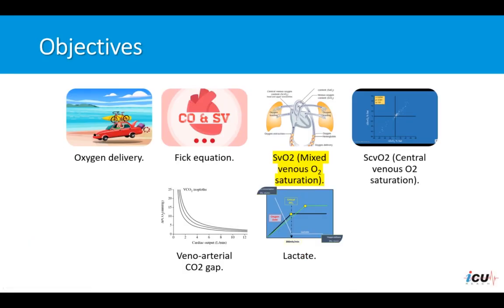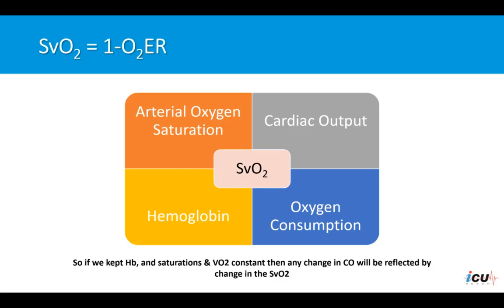And since we have the ability to measure the mixed venous O2 saturation, and we know the determinants of this mixed venous saturation, which are mainly the arterial oxygen saturation, the hemoglobin, the cardiac output, in addition to the oxygen consumption.